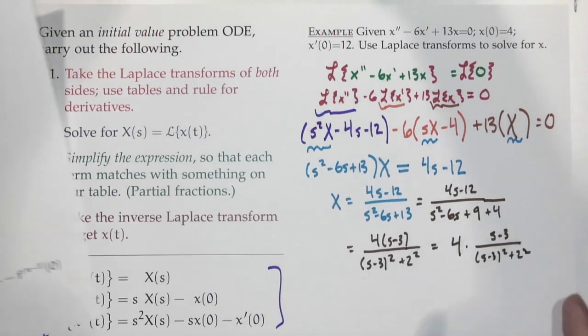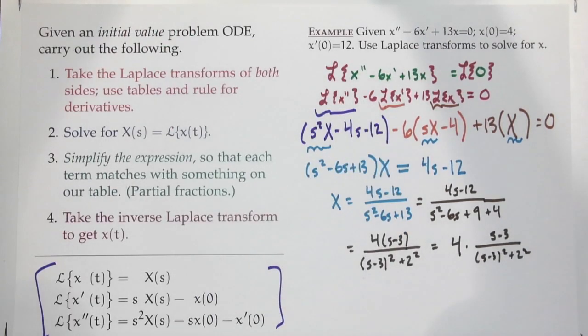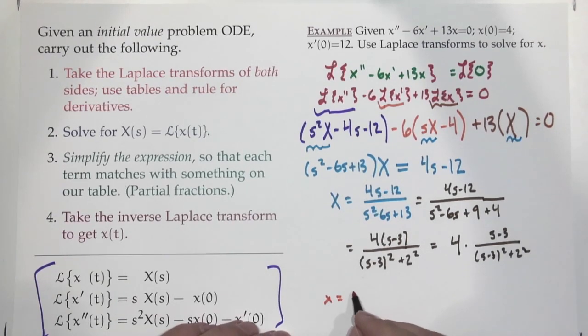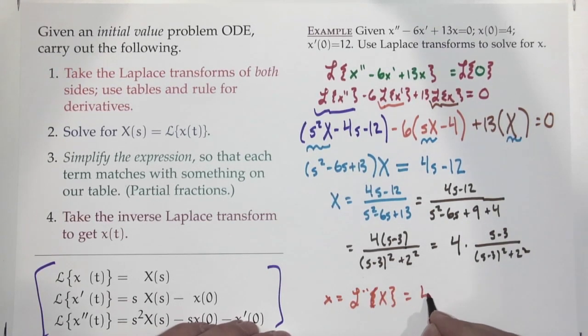So the last step is to say, all right, our answer, little x, the solution to the differential equation, is the inverse Laplace transform of big X. Well, the 4 comes out, and we just make sure we copy from our table correctly.